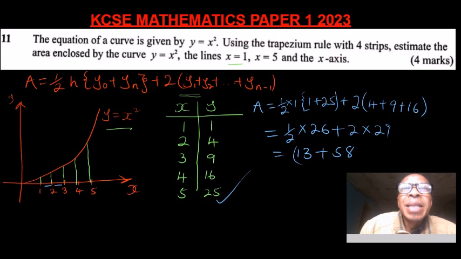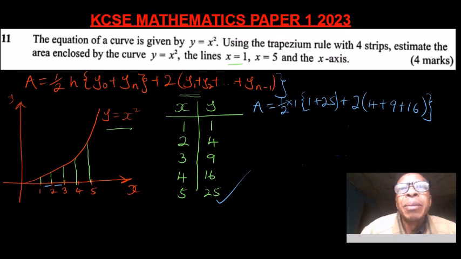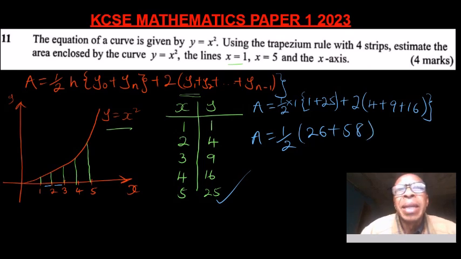I think we made a mistake with the bracket earlier; it is supposed to cover everything. So from the trapezium rule, area is equal to a half, and now we have 26 plus 58. When we add these numbers, that will give us 84. So 84 multiplied by a half will give us 42 square units.